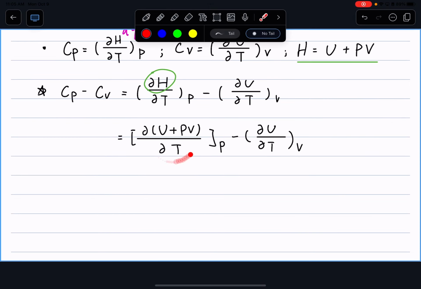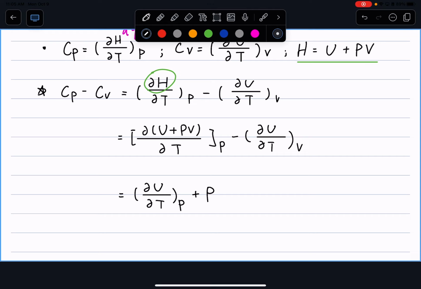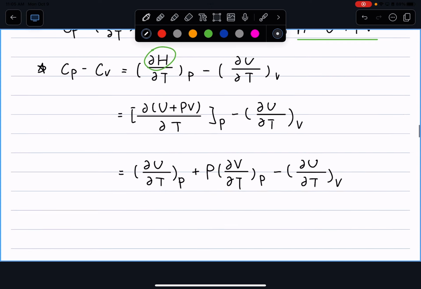And we can expand this relationship. Now we know P is constant. So we have the partial derivative of internal energy over T at constant pressure, plus, since pressure is constant, we can take it out of the partial derivative, P times dV over T at constant pressure, minus dU over dT at constant volume.